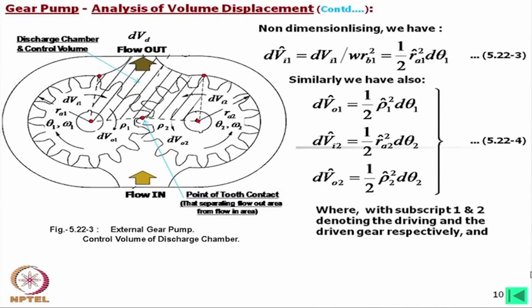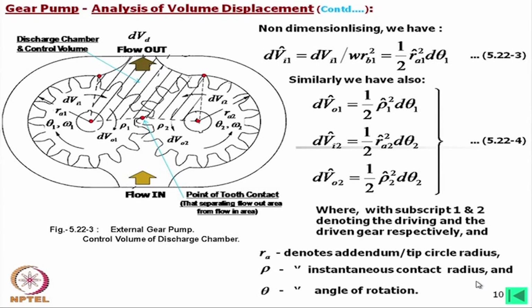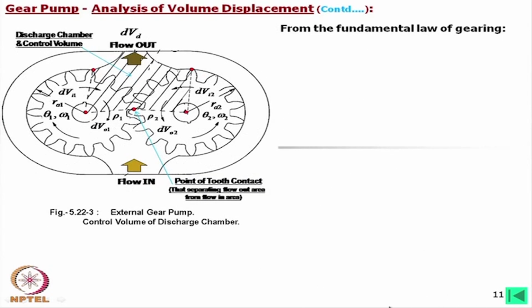Now, we can rewrite these equations. Here subscripts 1 and 2 denote gear 1 and 2, we need not mention it again. R_A is the addendum tip circle, rho is the instantaneous contact radius, theta is the angle of rotation that we have already mentioned. And then from the fundamental law of gears, now we have written these 4 equations.